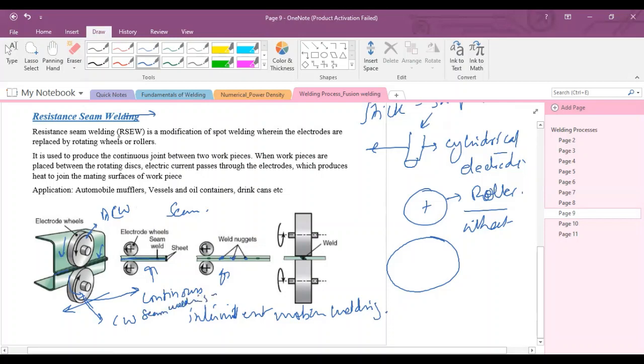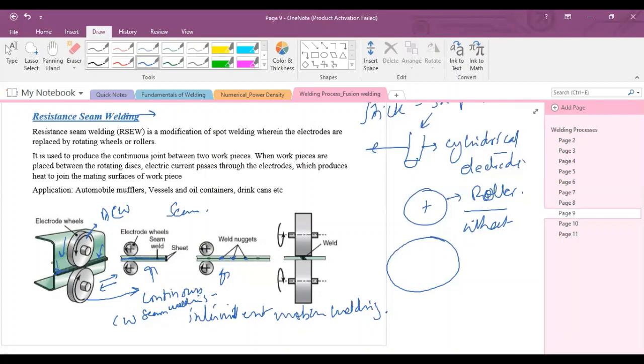How is seam welding performed exactly? These two electrodes are connected with the transformer, and electrical current flows from this electrode into the base metal, and from the base metal into the other electrode. The base metal will travel from right to left, or left to right, depending upon the rotation of the wheel.